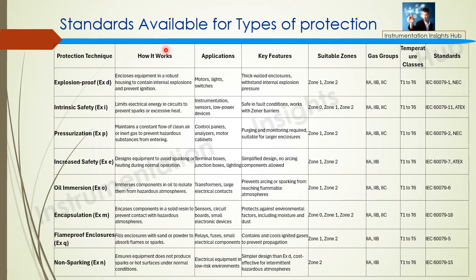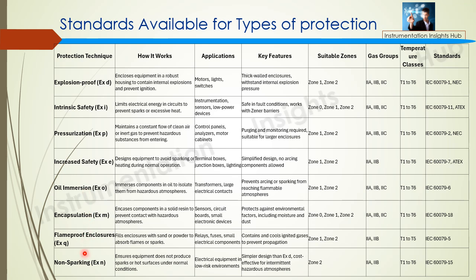And how it works, application, key features, suitable zones and temperature classes, everything is driven by some standards. So EXD follows IEC 60079-1, EXI-11, EXP-2, EXE-7, EXO-6, EXM-18, 5 and 15, right? So these are the standards based on which these protection techniques are written.